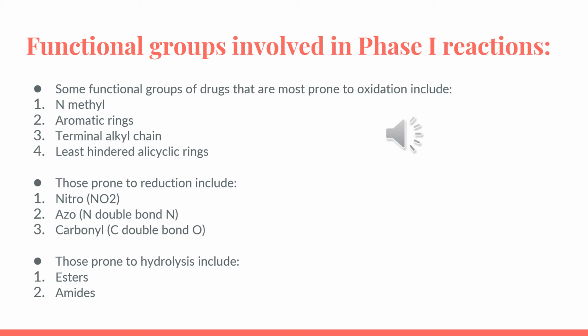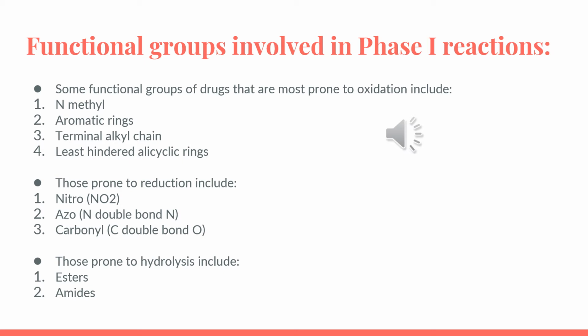That's why the terminal chain would be most prone to oxidation and not the chain in the middle or any carbon in the chain. Least hindered alicyclic rings as well, because they are not hindered, then the feasibility of this cytochrome 450 to enter this ring would be easy.